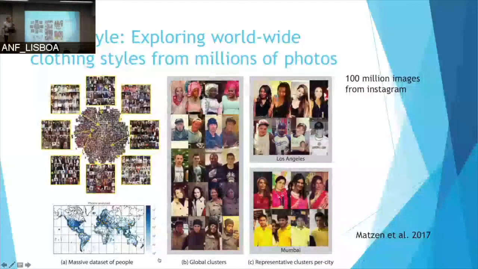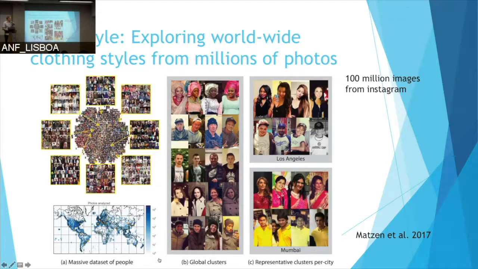A bigger experiment along those lines was this one that they called Street Style. They took 100 million photos from Instagram and found the people in them and tried to analyze the outfits that they were wearing. They've got geographic information, and then they've got the time information as well.